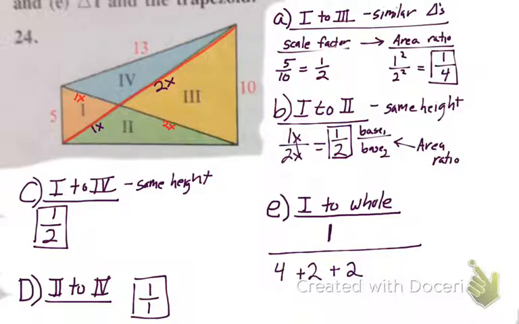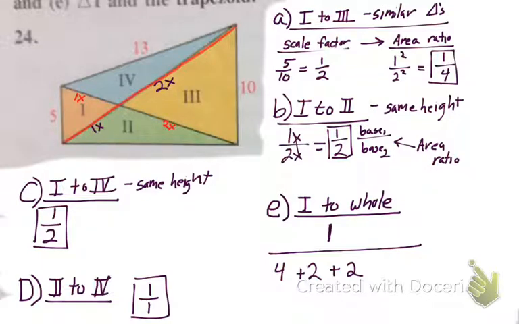Do we get where I got the 4, the 2, and the 2 from? Okay, so I need to compare 1 to this entire area. So I need to account for this triangle on the bottom as well.